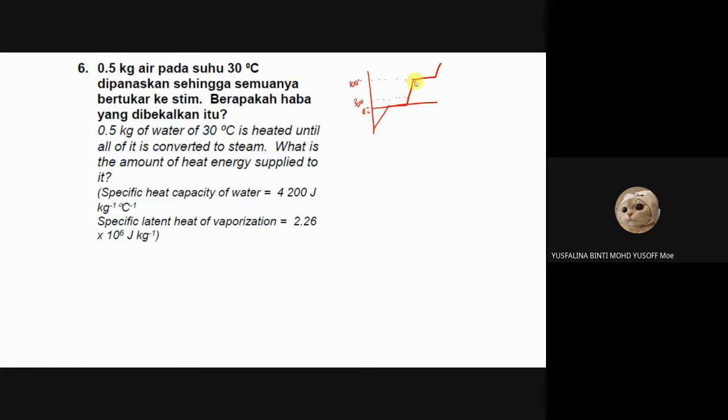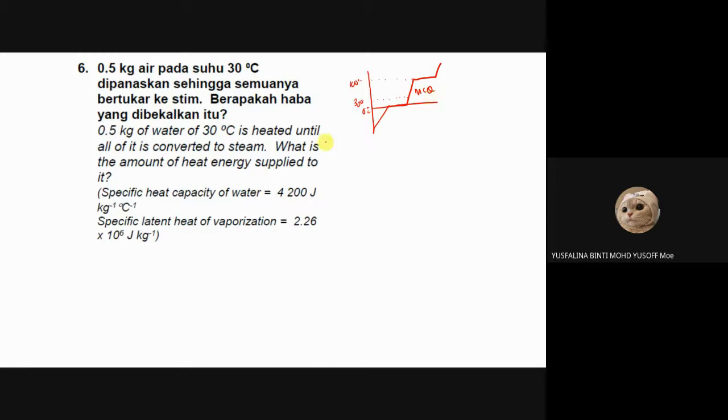Okay, so to increase the temperature, you need to know how much energy is needed to increase the temperature until 100 degrees Celsius. So this one we use what? mc theta. So first you need to calculate the heat energy to increase until it reaches 100 degrees Celsius.